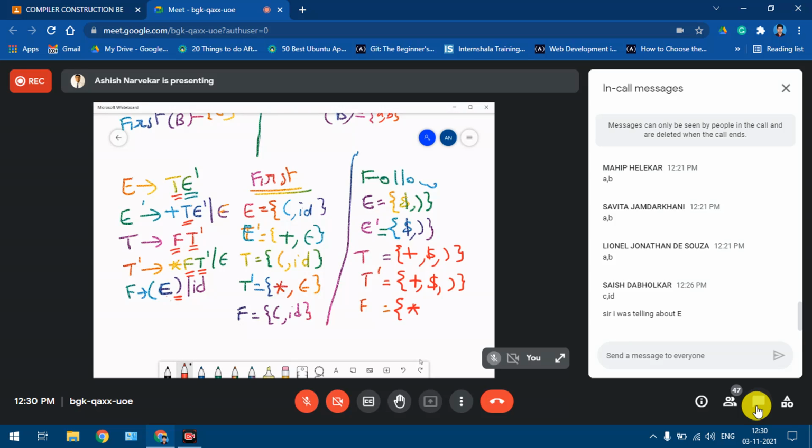So if I put epsilon over here, follow of F will be equal to follow of T. So follow of T is plus, dollar, close bracket, and follow of F will be equal to first of T dash. So that is all. Okay. So that is all in the first and follow.